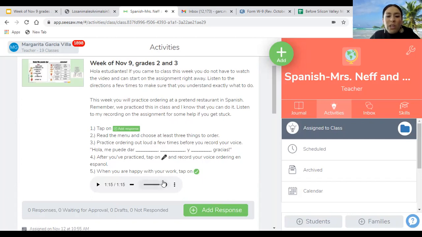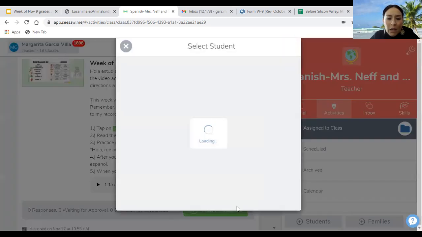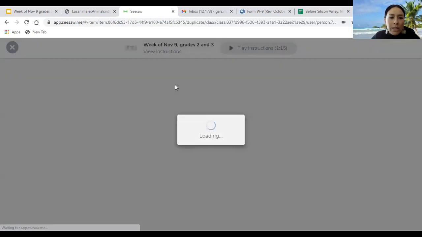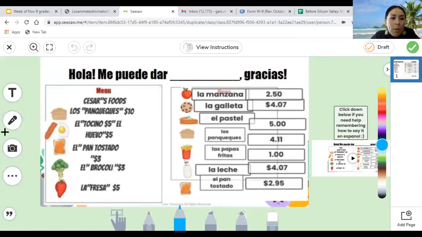Okay, estudiantes, so we just did that right now. And for homework, you get to do it again, okay? I want to hear your voice. So make sure that you press the record button and you record your voice saying, Hola, ¿me puede dar? And then you get to pick the 3 things that you want to order in Español.